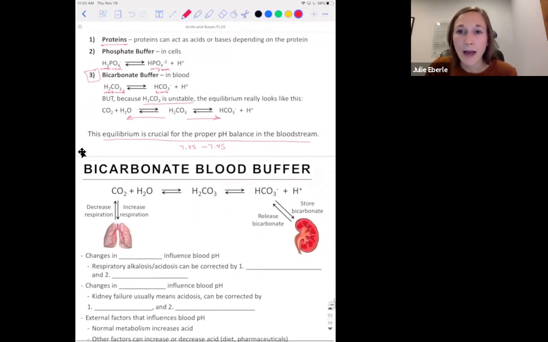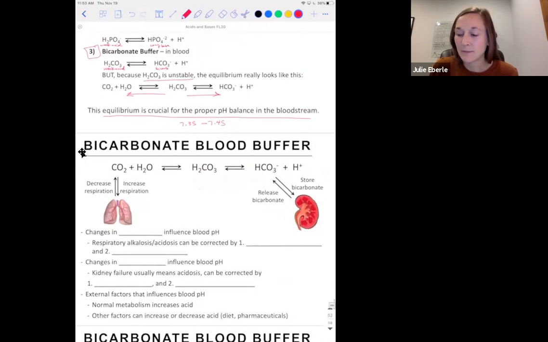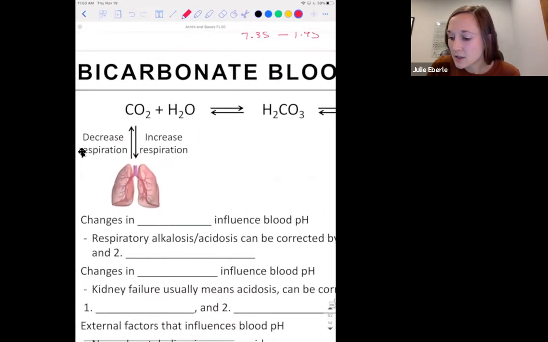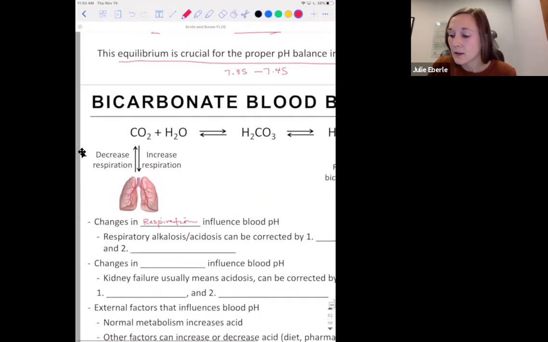So let's talk about how our body actually responds to keep that pH. You can respond with breathing, and your kidneys are another major player here. So the first one is that changes in respiration can influence blood pH.